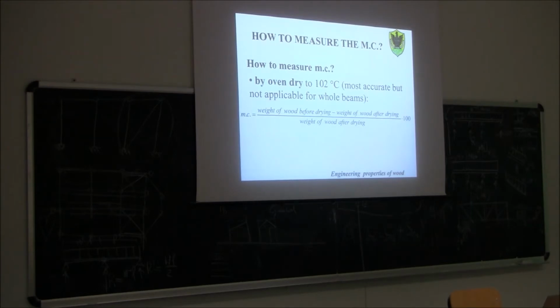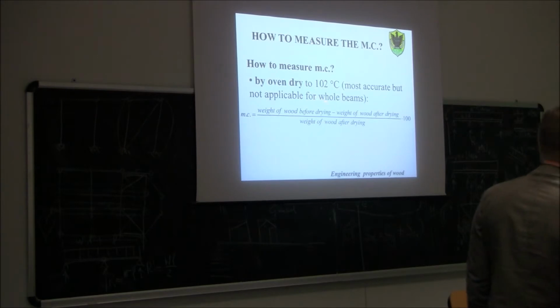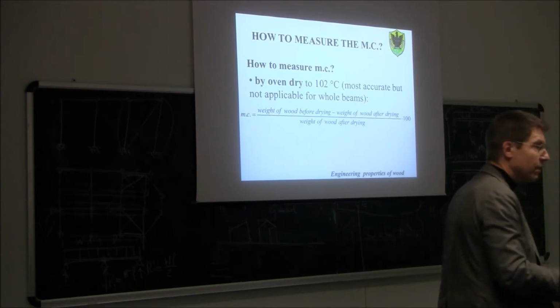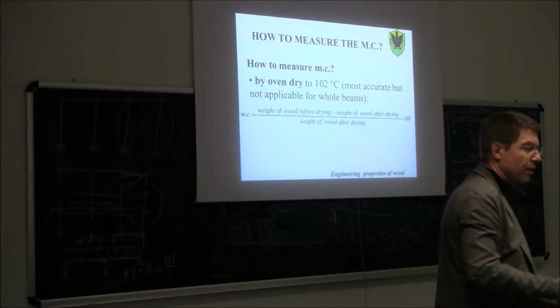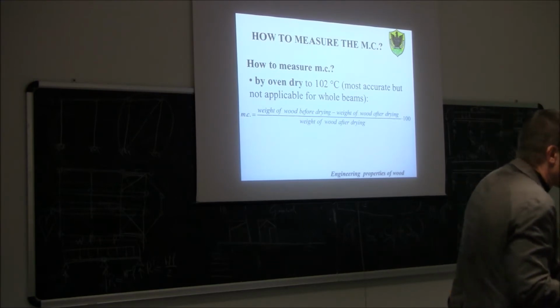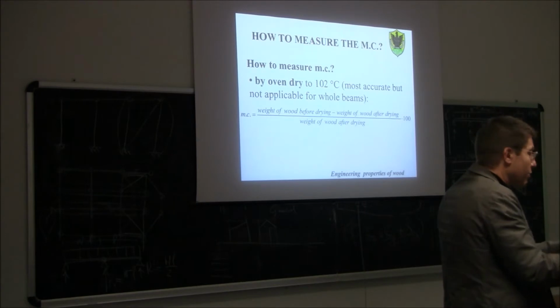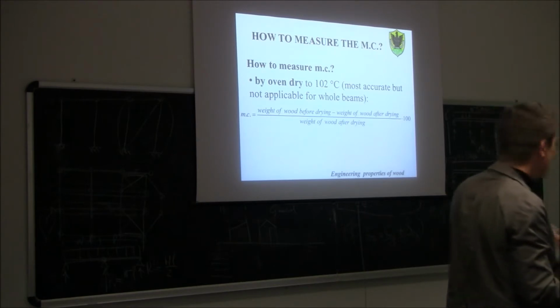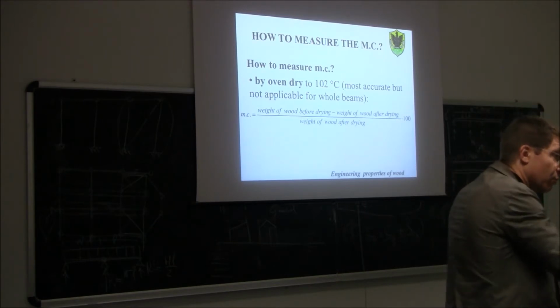Okay, so the point is this: suppose you are on a building site, you receive a beam, and you need to measure the moisture content, because you need to know that it is within a certain value. To use this method, you need to cut a piece of wood from your beam.